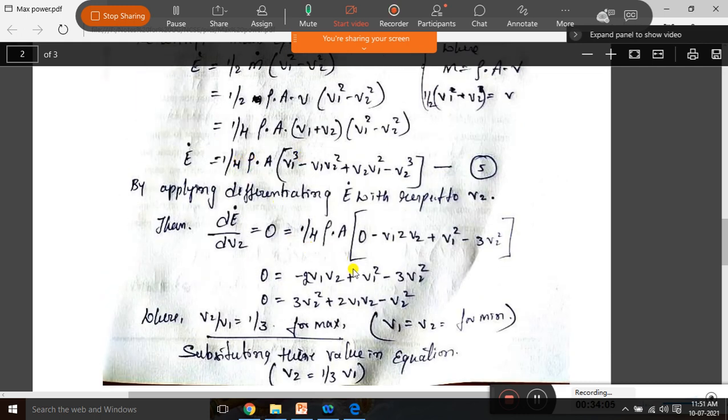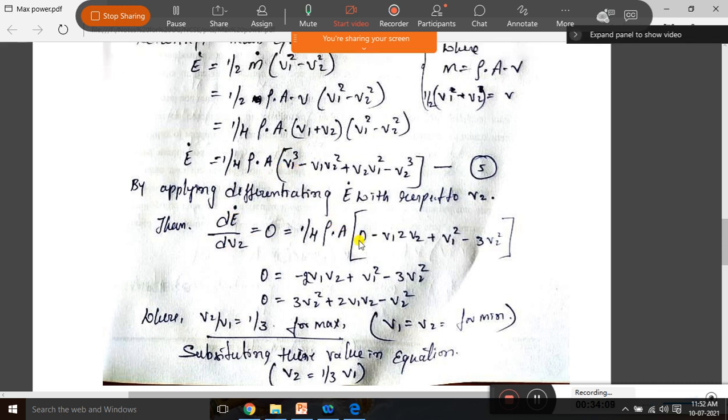For v1 cube, differentiation with respect to v2 becomes 0, and here v1 is there as it is. The differentiation of v2 square becomes 2 v2, and for v1 square v2, the differentiation of v2 becomes 1 with v1 whole square as it is, and minus v2 cube, differentiation is 3 v2 square, that I wrote, and 0 is there.